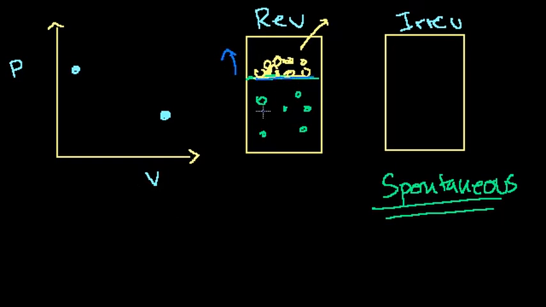As we move up, we'll have lower and lower pressure because the gases will bounce into the surface less, and we'll have a higher volume. So as we move each infinitesimally small grain of sand, and we do it super slowly, we're always infinitely close to equilibrium, and we move from this state to this state.